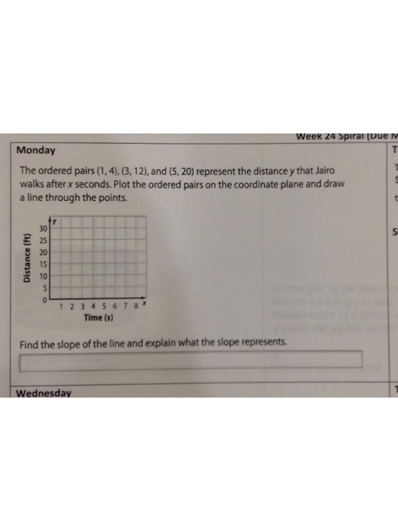Next, you're going to find the slope of the line and explain what the slope represents. My hint is you can find the slope by using the slope formula, or you can write the relationship of x and y as y over x, which is also known as the unit rate, the constant of proportionality, the constant ratio.